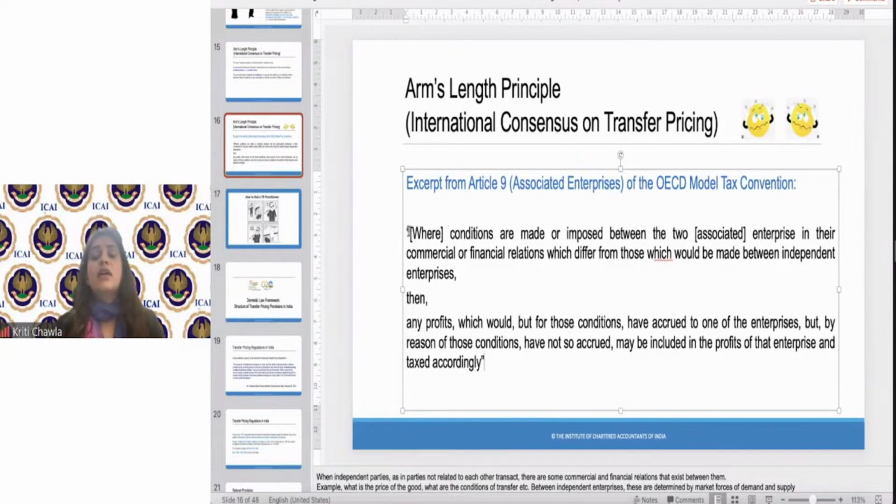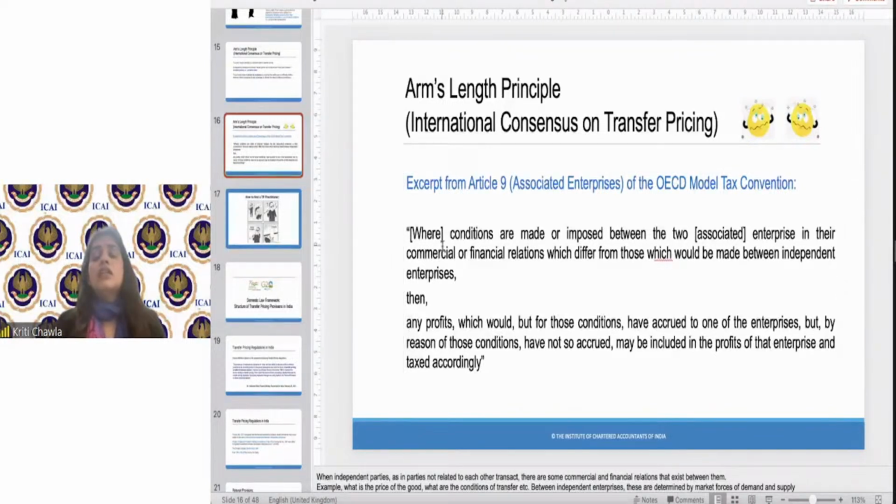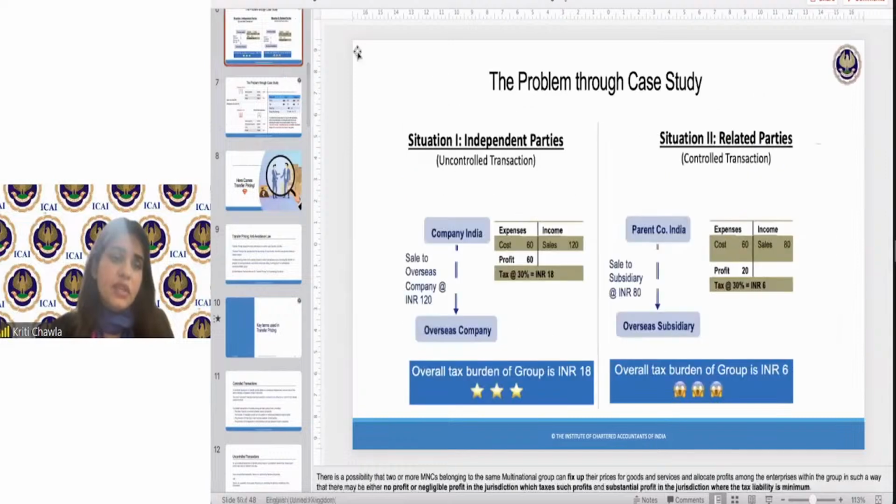Article 9 basically says that when independent parties are transacting, they transact at demand and supply price. They transact at an open market price. So if you see here, in this particular situation, when independent parties transacted, they transacted at 120 rupees. Where is this 120 rupees coming from? Well, it's coming from market demand and supply.